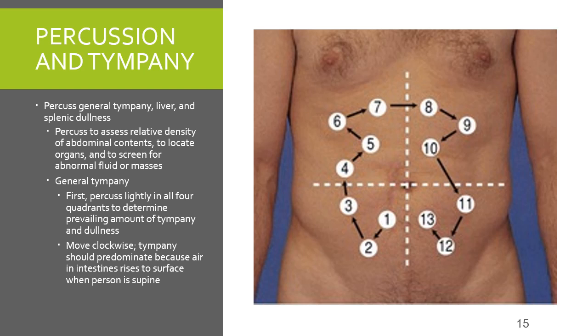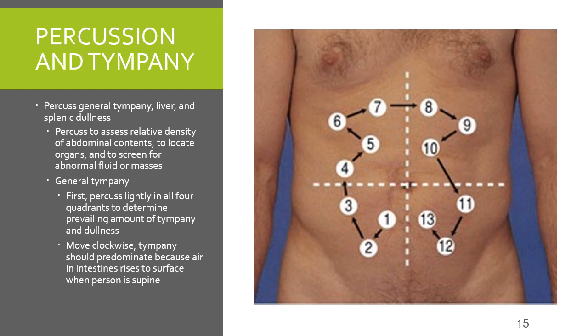And when the person is sitting forward and you're listening to their back, you want to palpate over the CV angle to check for pain in the kidneys. So this is just an example of where you could percuss.